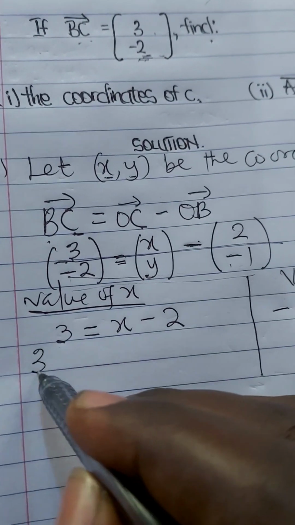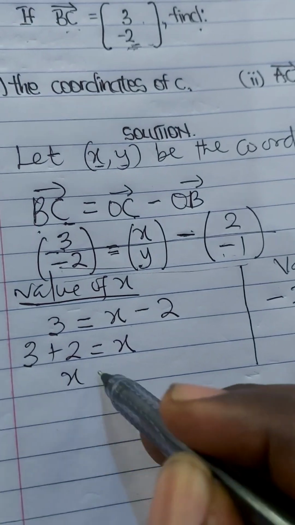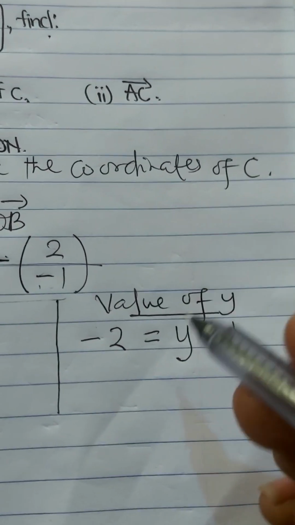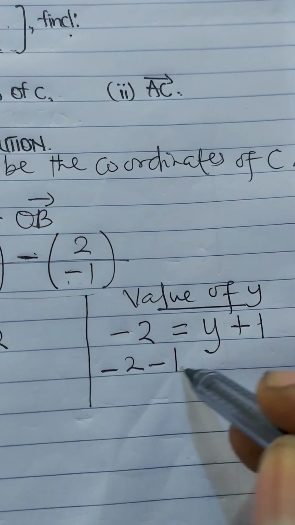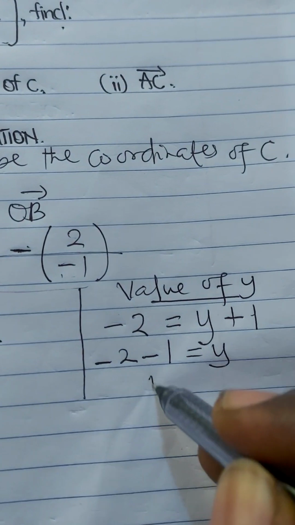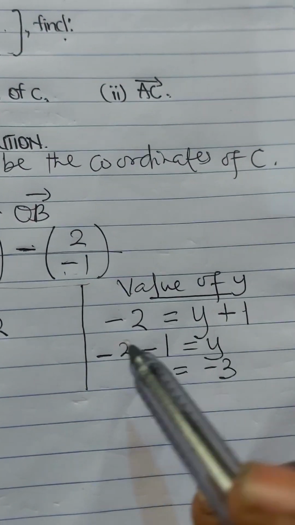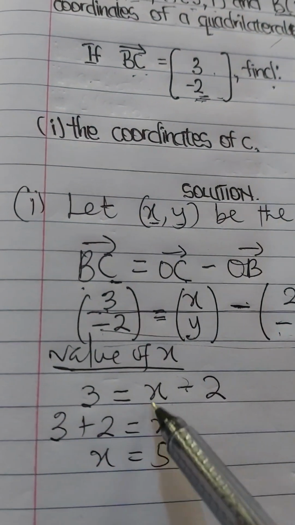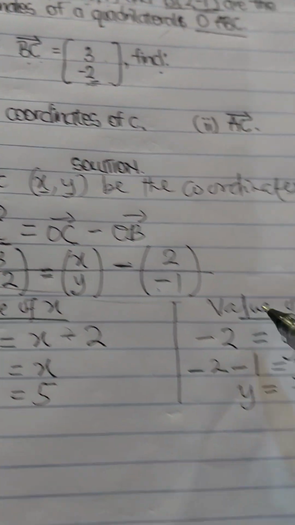So by solution, we group like terms. Quickly, this becomes 3 plus 2 is equal to X. So our X is equal to 5. And that of the Y becomes minus 2 minus 1 is equal to Y. So our Y is minus what? 3. Don't forget, when a negative sign crosses the is equal to, it turns into positive.